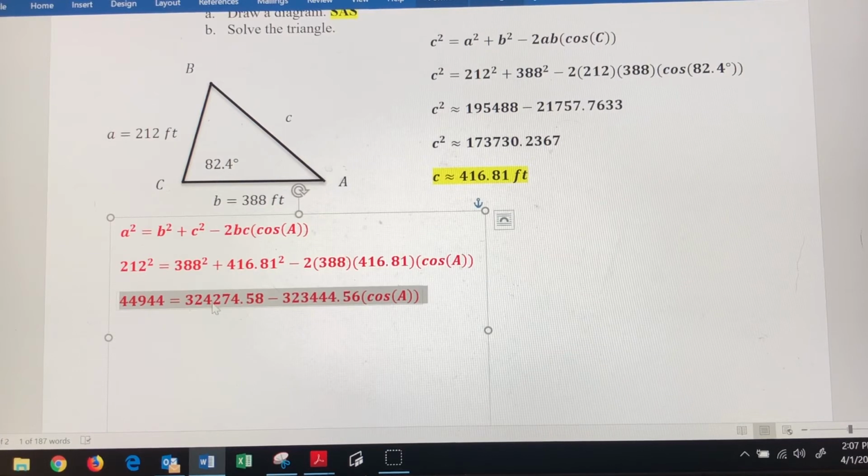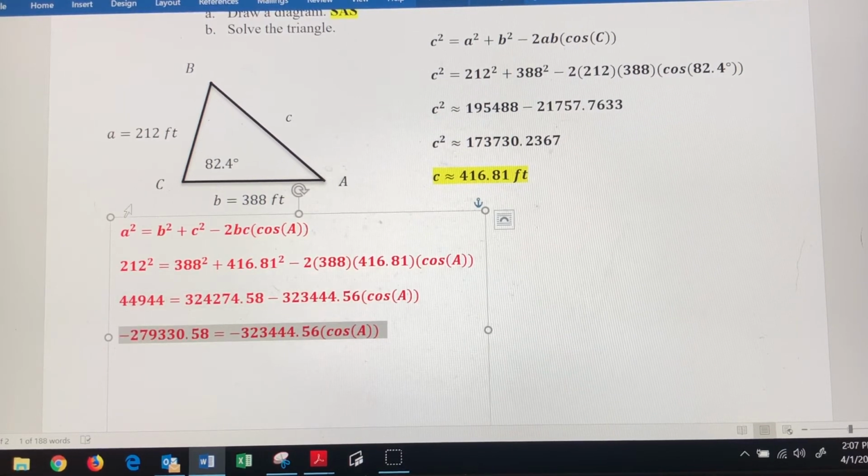We're going to subtract this value from both sides because we want to get this expression by itself. So on the left side now, I've got negative 279,330.58 equal to negative 323,444.56 times cosine of A.